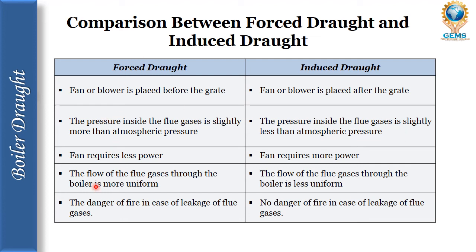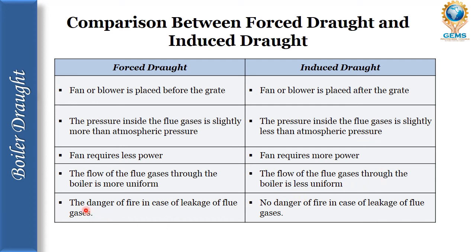In a forced draft system, the fan requires less power, but in an induced draft system, the fan requires more power. In a forced draft system, the flow of the flue gases through the boiler is more uniform. In an induced draft system, the flow of the flue gases through the boiler is less uniform.